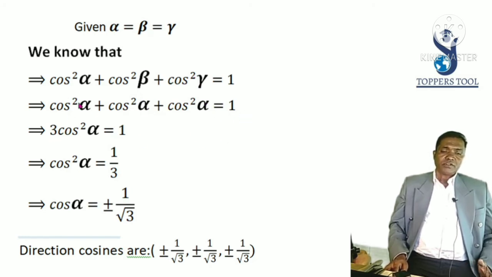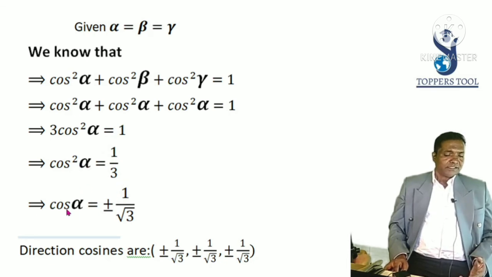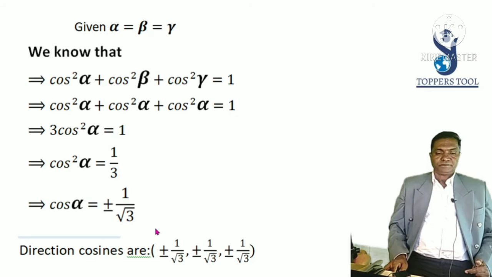So cos square alpha, cos square alpha, cos square alpha, 3 cos square alpha. So transfer 3 this side, so cos square alpha is 1 by 3. Therefore cos alpha is plus or minus 1 by root 3. So direction cosines are plus or minus 1 by root 3, plus or minus 1 by root 3, plus or minus 1 by root 3.